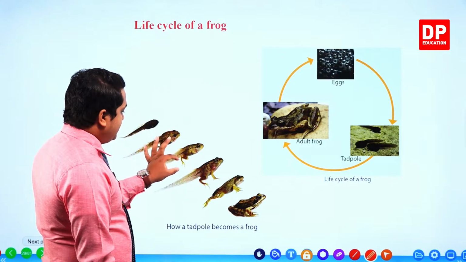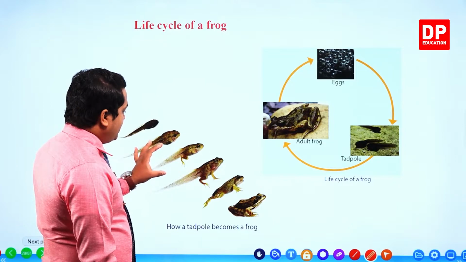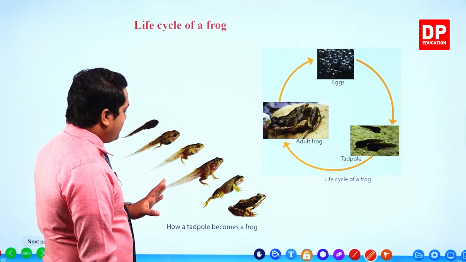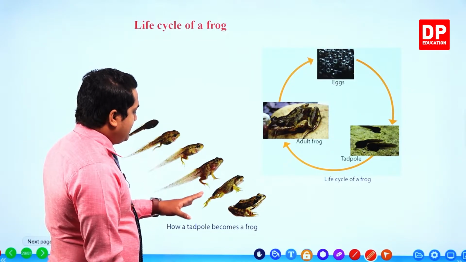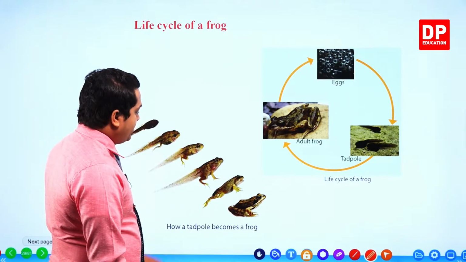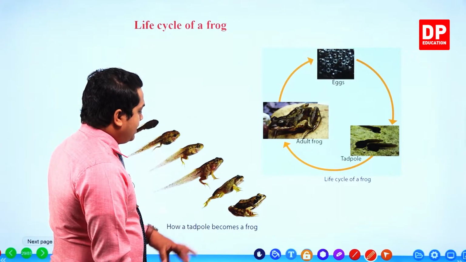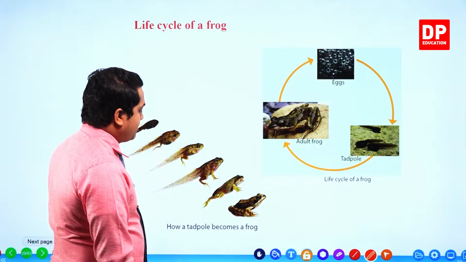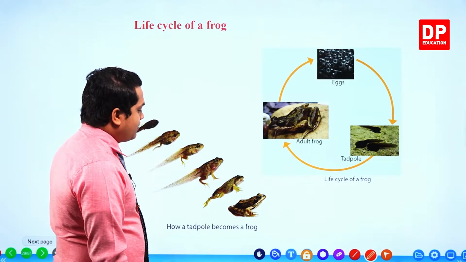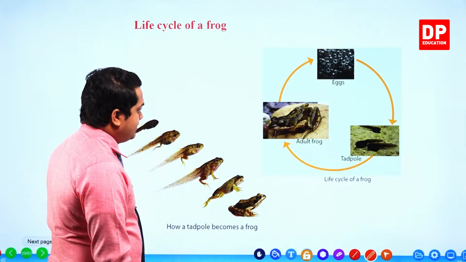Then the tail is getting removed from the body, and the limbs are getting much stronger. Finally, the tail is 100% removed from the body and the adult frog is born like this.